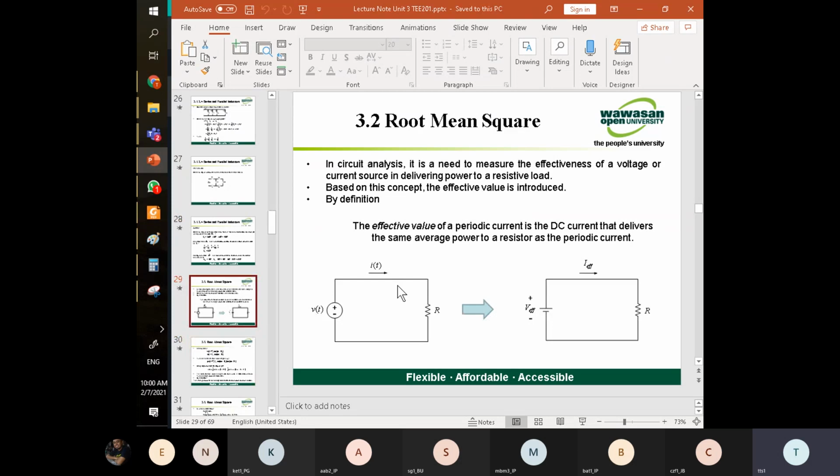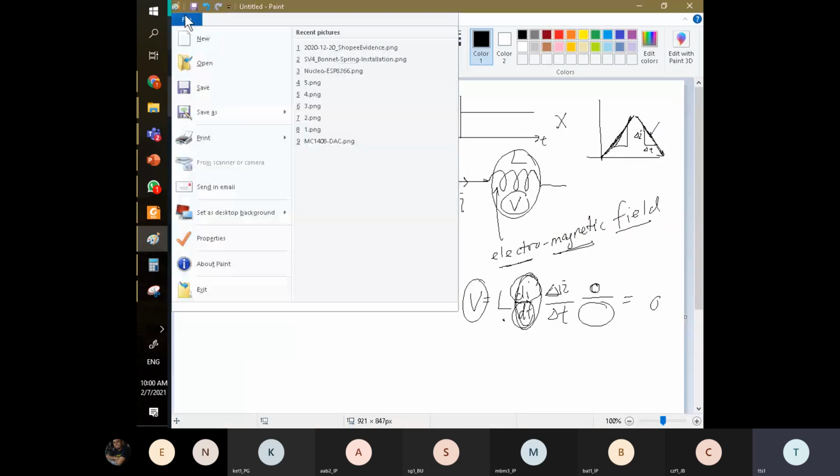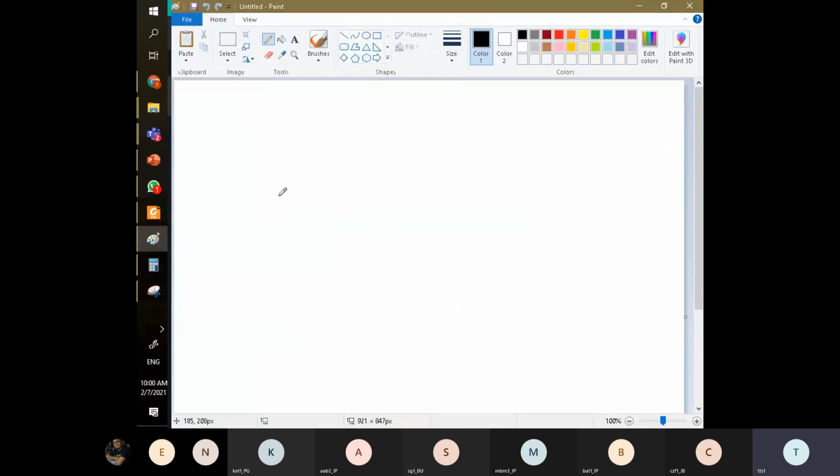What happens in the practical field, in the real world? Let me explain this one quickly. In the real world, if we have this power supply starting from 0, as we have seen many times already, and the circuit comes with a certain inductor, we call it an inductive load circuit.